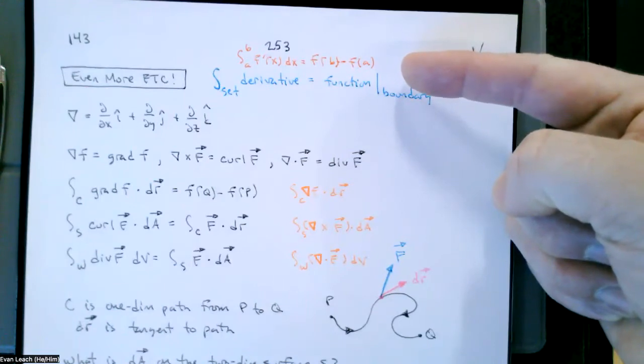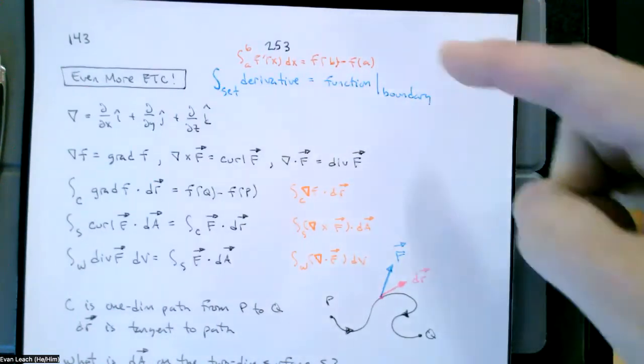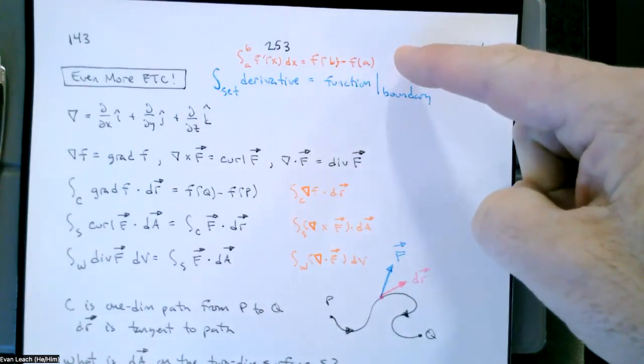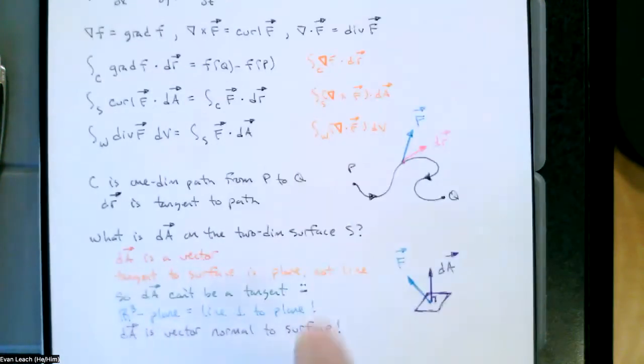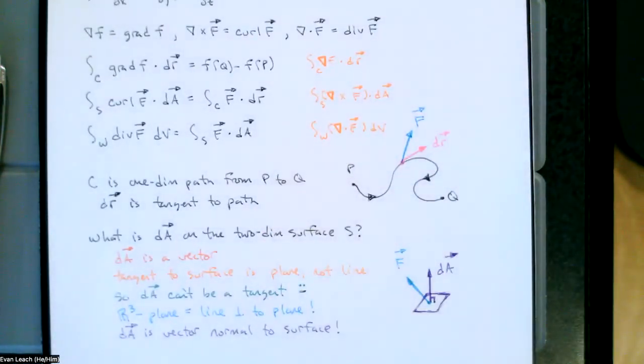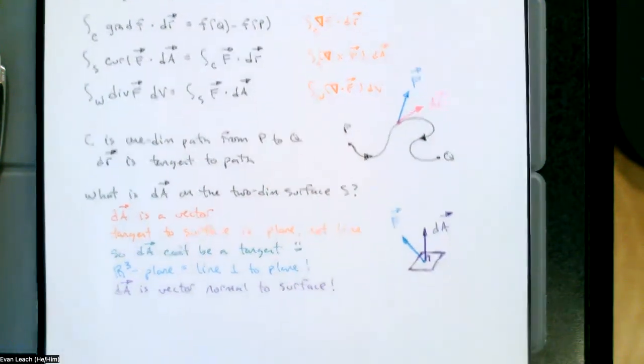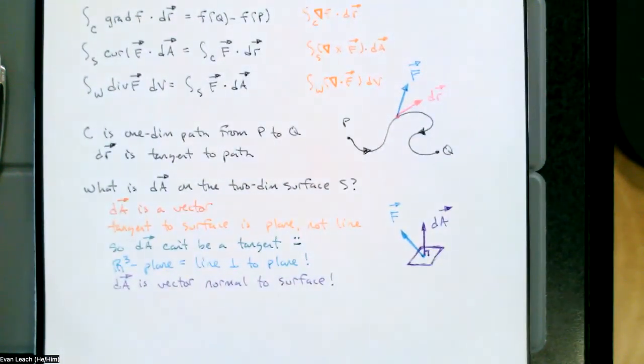And that's what we're doing now. We're thinking about not just plugging in points and subtracting. We're thinking about, what is this business? What is this line integral telling us? It's how much the vector field is interacting with this one-dimensional curve. It's how much the vector field is interacting with this two-dimensional surface.